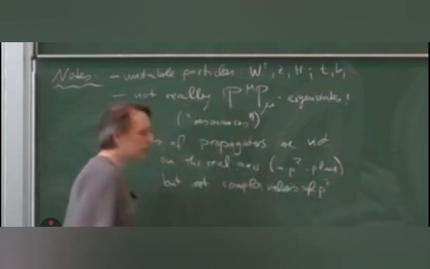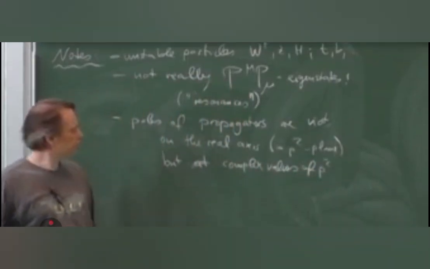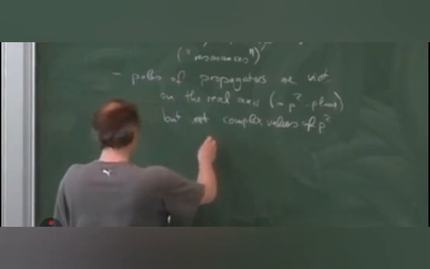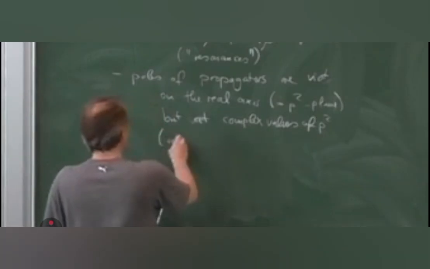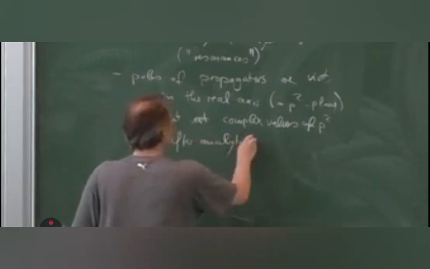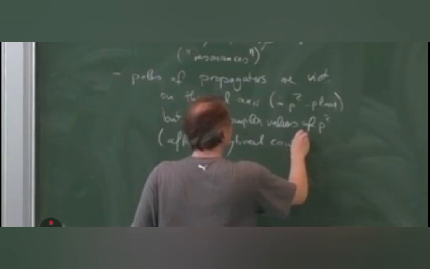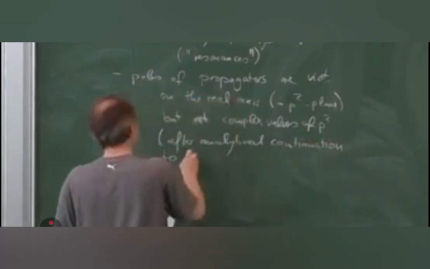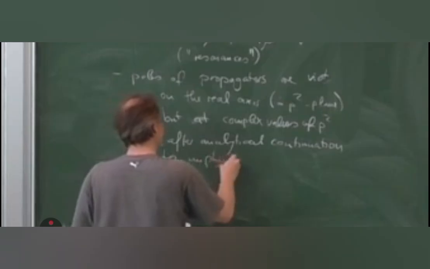And in order to see the pole, actually, you have to go to an unphysical Riemann sheet, so you do have to do analytical continuation of your green functions in the complex plane in a certain way. So this is called unphysical Riemann sheet.